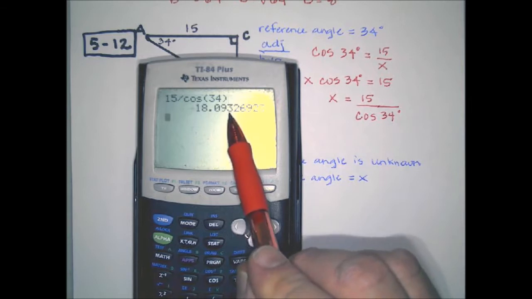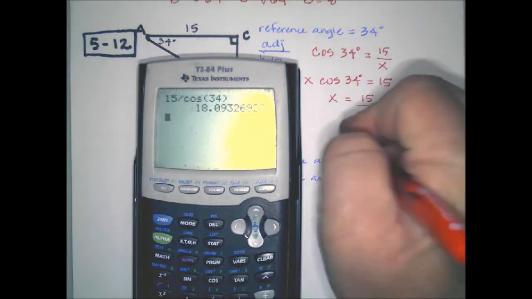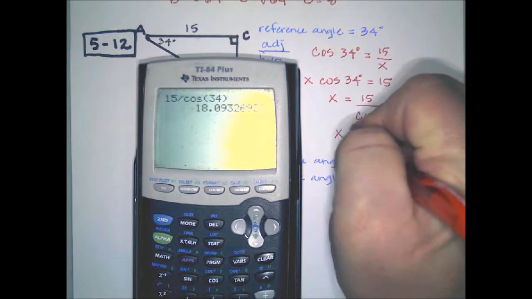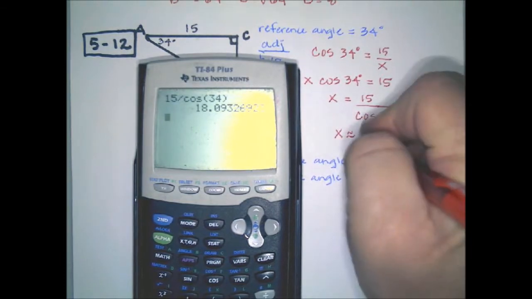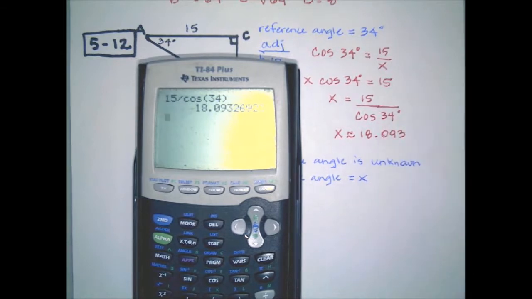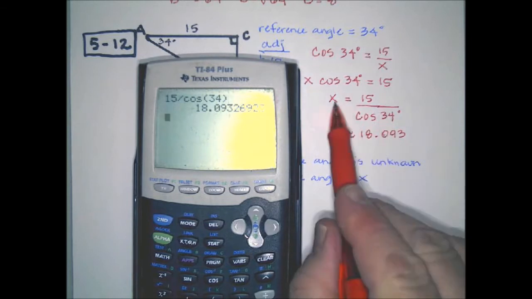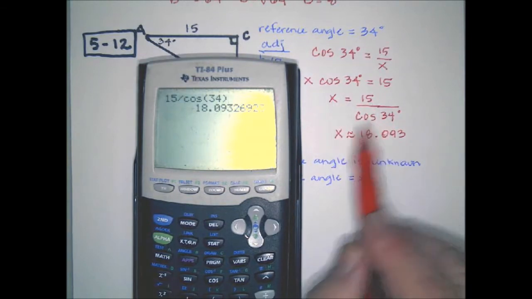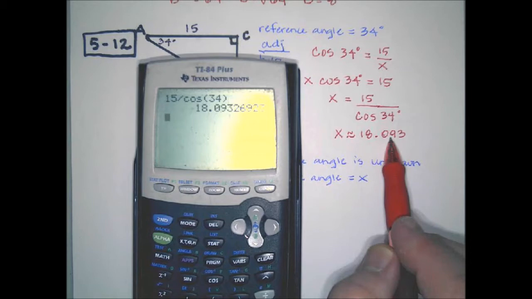Now we want to go 3 decimal places. So that's a 3. We have to figure out, does it stay a 3 or does it round up to a 4? And the answer is it stays a 3. So x is approximately equal to 18.093. So there are my two answers: my exact answer for x and my answer approximated to 3 decimal places.